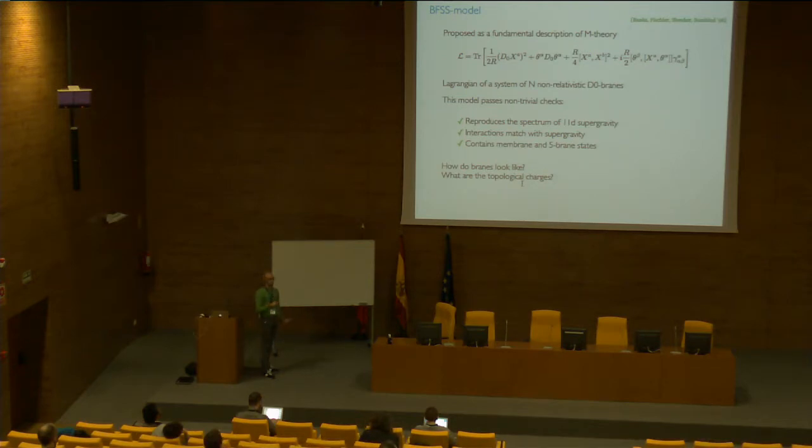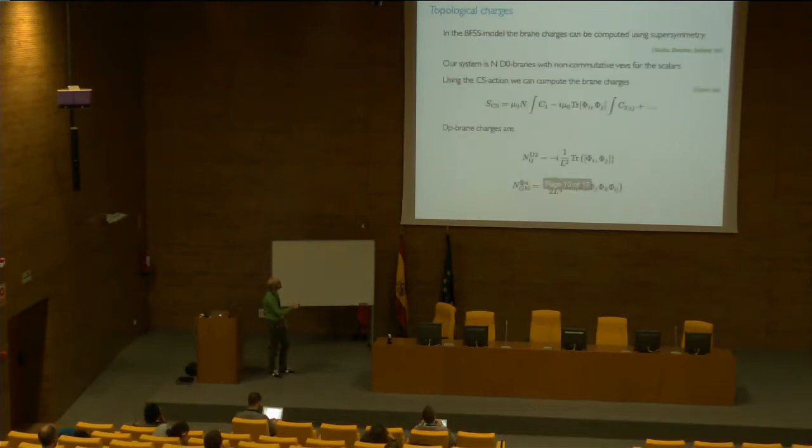We are interested in actually adding some D-branes in this system, at least the ones motivated by T-branes. The reason is that the black hole that we had before had some D-brane charges. So what we want to understand is how the D-brane looks, and how we can identify the charges in the model. One way is to follow the literature on the BFSS model.